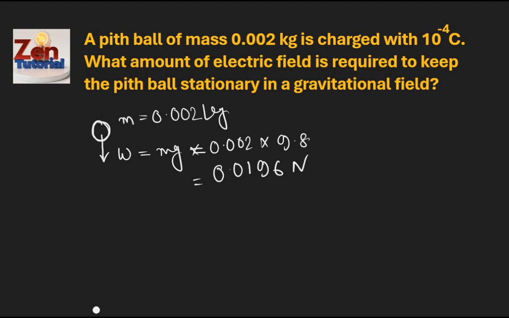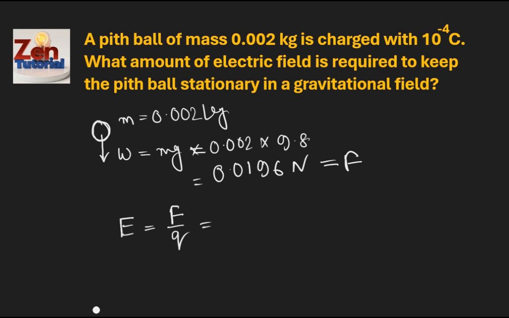On the other hand, the electric field, if you would like to keep the pith ball stationary, indeed we have to have the electric field E equals F by Q. So here the weight of the pith ball is actually the force.